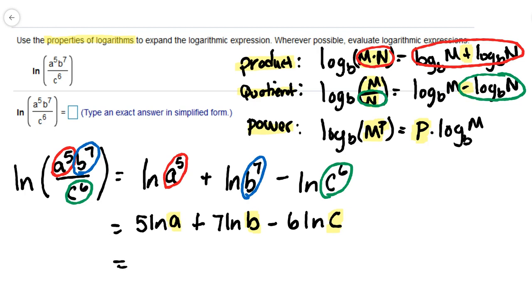So that's going to be our answer: 5 natural log A plus 7 natural log B minus 6 natural log C.